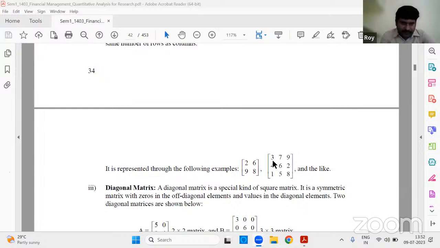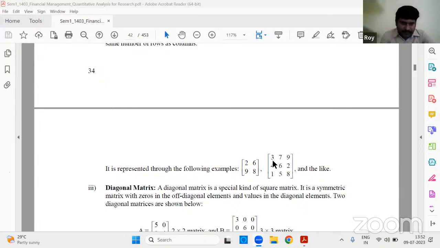Diagonal matrix is a symmetric matrix with zeros in off-diagonal elements and values in the diagonal elements. So if you take it in diagonal, this will show. This diagonal matrix has elements that run from the upper left corner to the lower right corner.